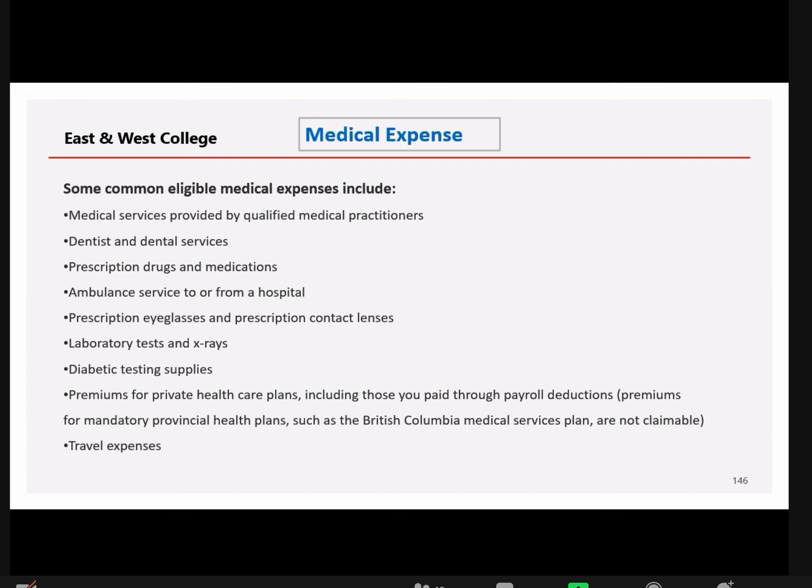Lots of companies have benefits. Some benefits are taxable, some are non-taxable. For taxable benefits, they need to include them in T4, box 14. For non-taxable benefits, they don't include them. But the payroll person didn't include it.